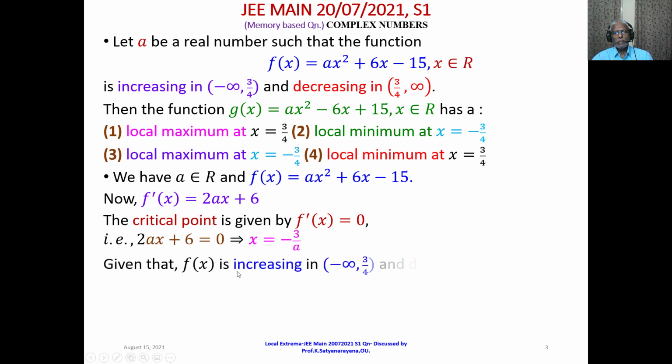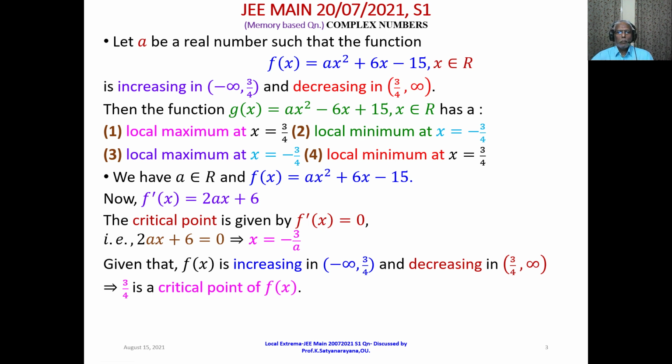Given that f of x is increasing in the open interval minus infinity to 3 by 4 and decreasing in the open interval 3 by 4 to infinity, this implies 3 by 4 is a critical point of f of x.